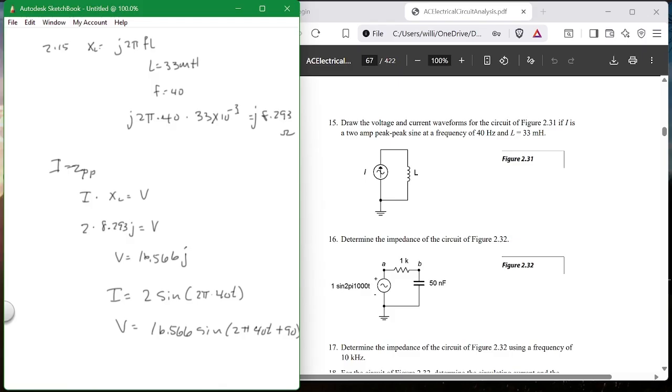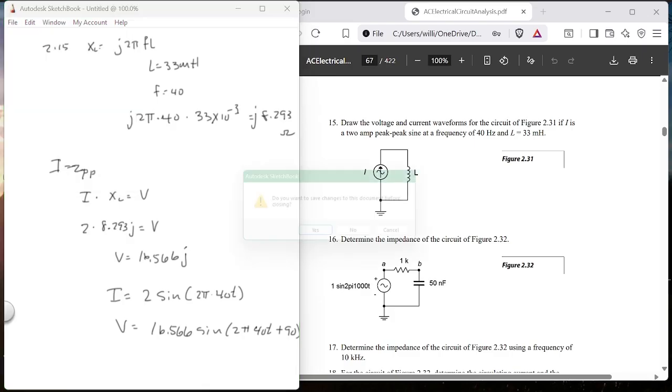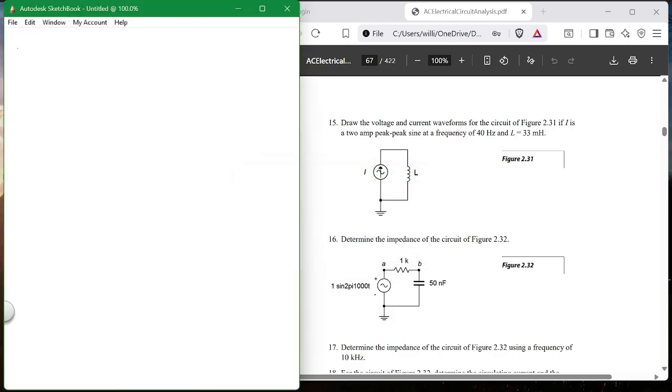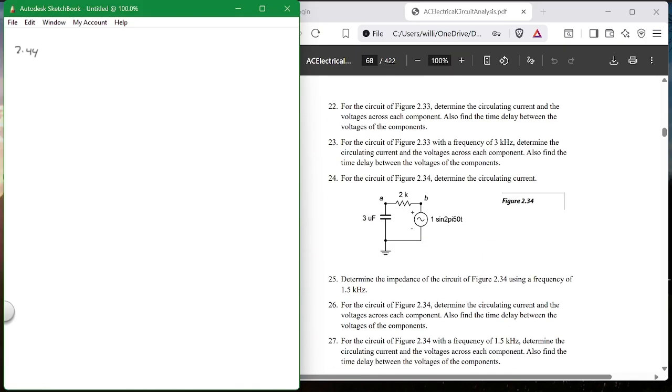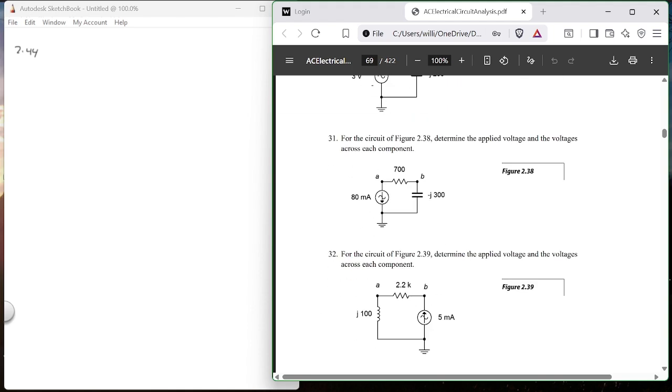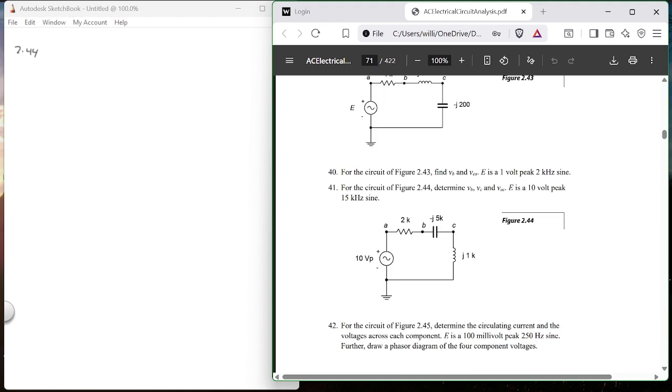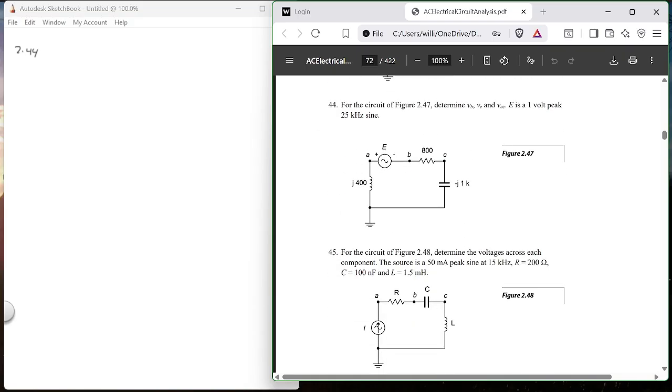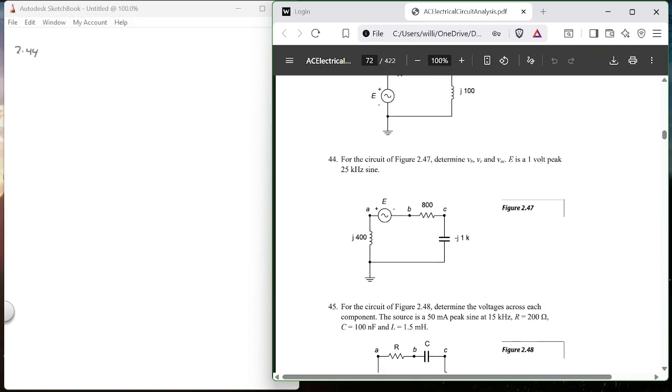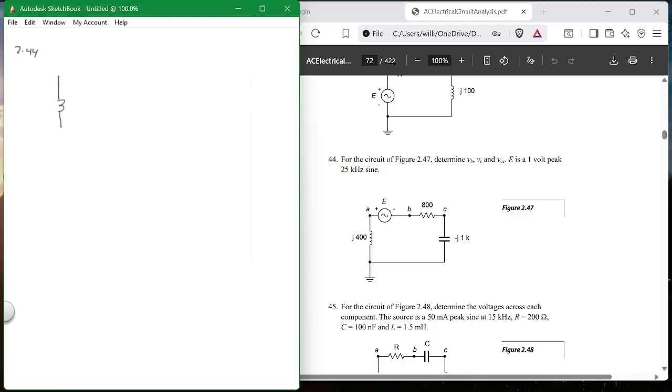Number 44. All right, so determine VB, VC, and VAC. Okay, so this is one where you don't have to do the 2 pi FL or anything like that.